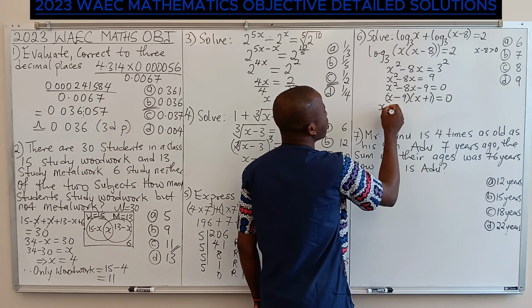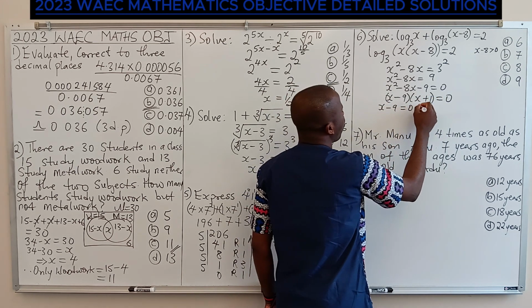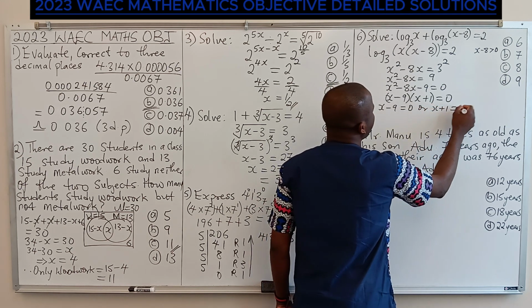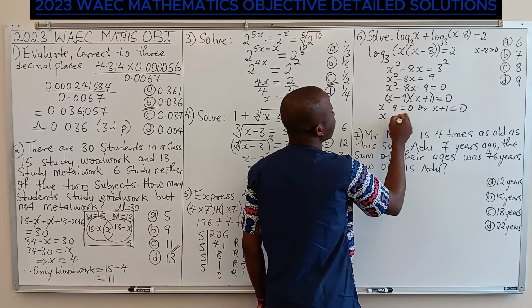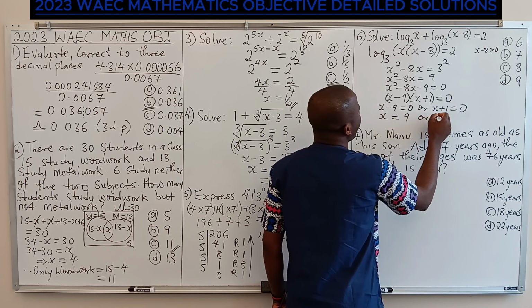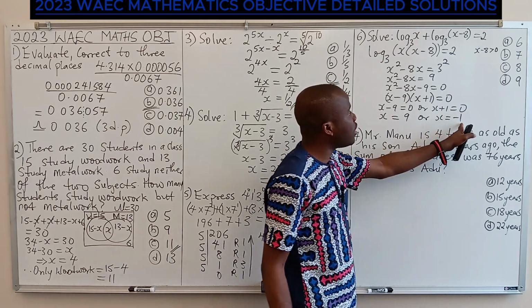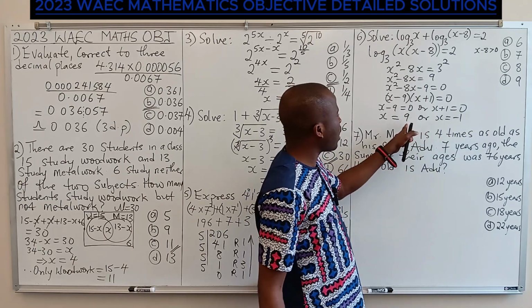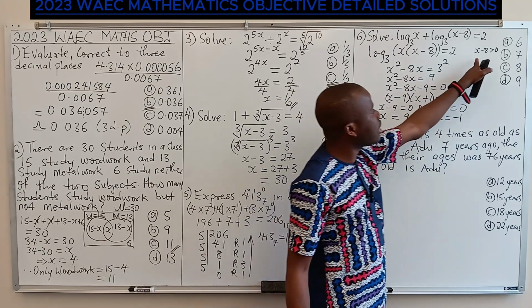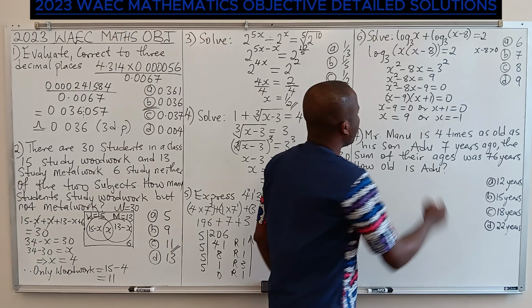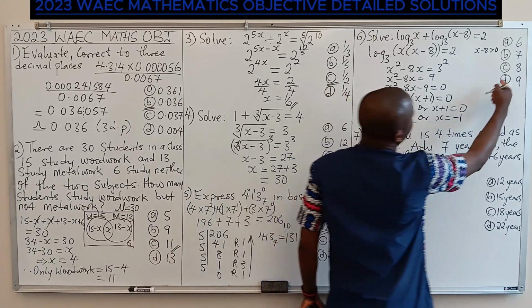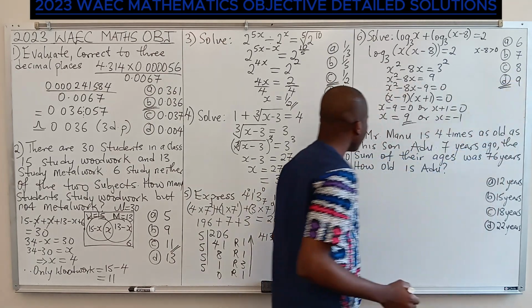It means x minus 9 is equal to 0 or x plus 1 is equal to 0. So that x is equal to 9 or x is equal to minus 1. x cannot be negative. So our correct answer is 9 because 9 minus 1 is positive. So this is our correct answer and the correct option is D.